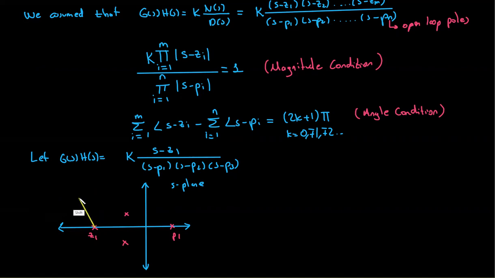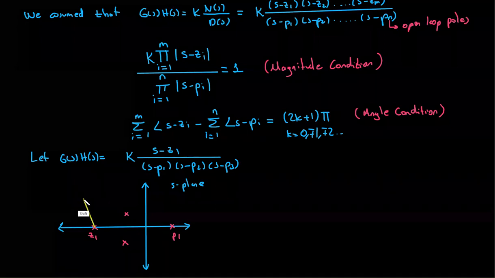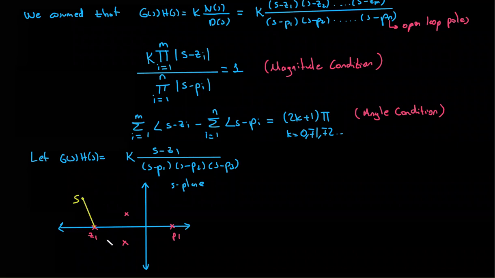These vectors are all s minus z1, for any point I choose. Let me once again choose our test point here, let's say s is over here. So this is the s minus z1 vector. I would like to look at the magnitude of this vector, the angle of this vector, etc. And these vectors are, for example, s minus p2 vectors.